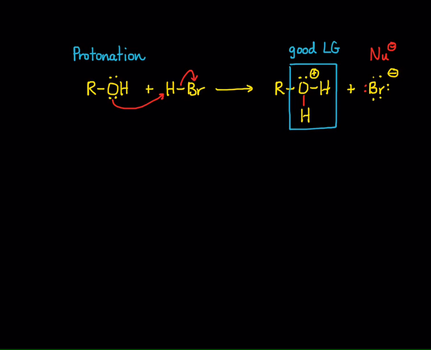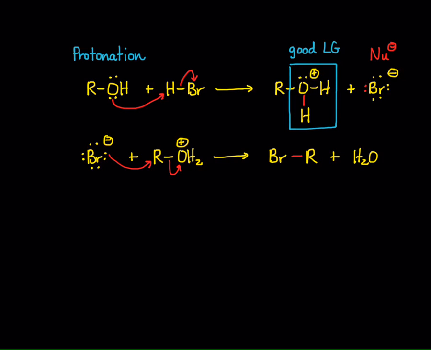Now, interestingly enough, in this reaction, if we use HBr or HCl or HI, the halide is a good nucleophile. What happens is that the halide is going to react now with my protonated species and undergo a substitution reaction. So we get this displacement of water and we form a new alkyl carbon-bromine bond.